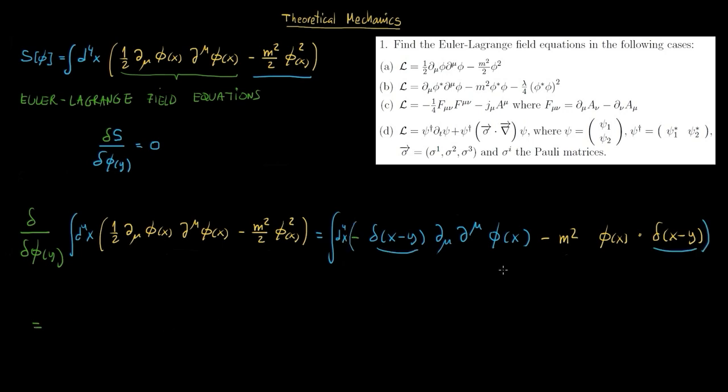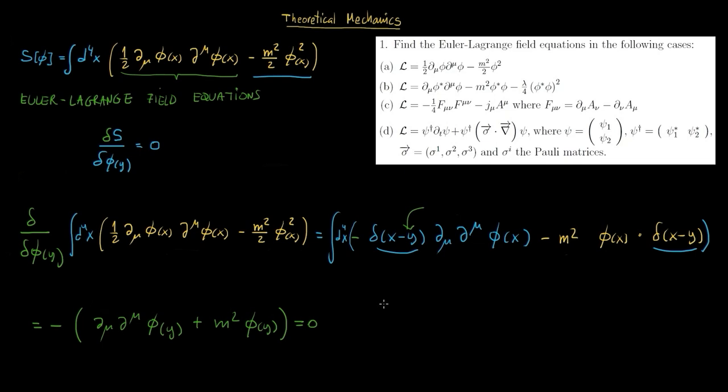But remember, this delta cancels out this integral, but when you write the final expression, partial mu partial mu phi is phi of y, not x, because of this y here, plus m squared phi of y equals 0.